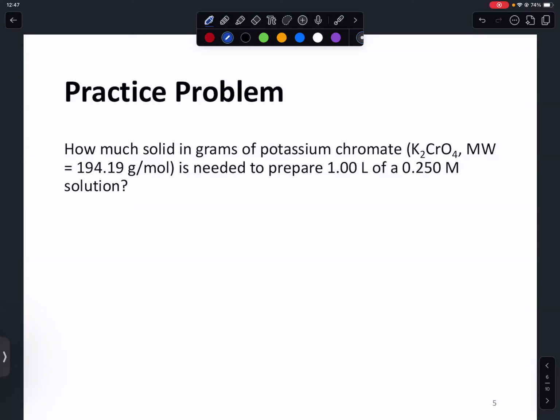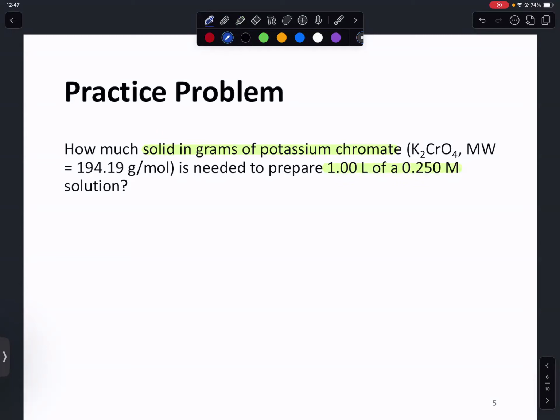Now, it asks for solid in grams of potassium chromate needed to prepare 1 liter of 0.25.